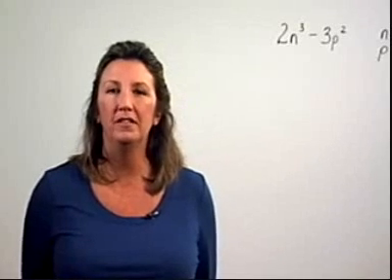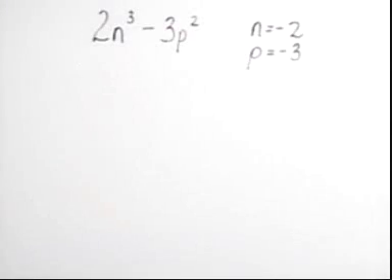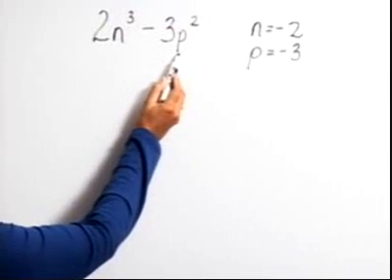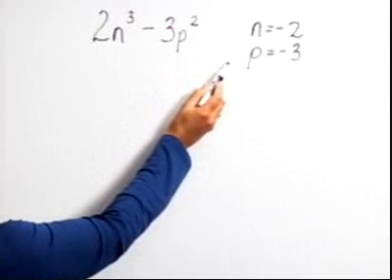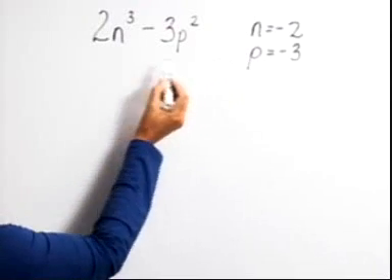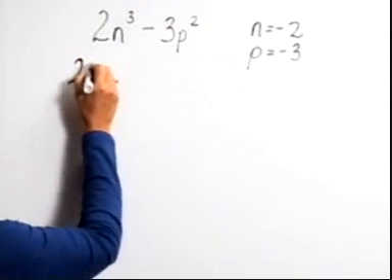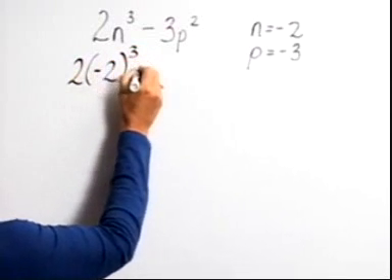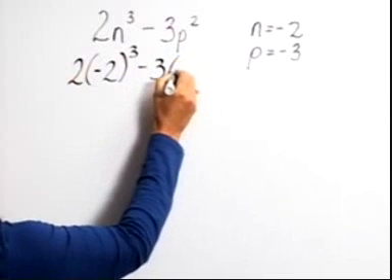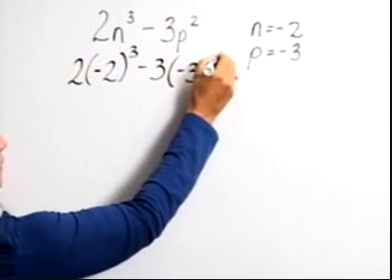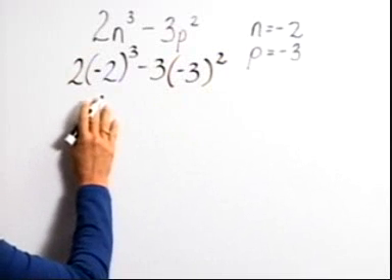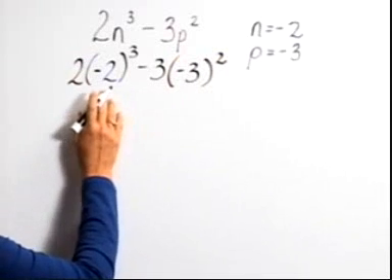We're going to evaluate the following expression: 2n to the third minus 3p squared when n is negative 2 and p is negative 3. We begin by substituting in for the values of the variables, and then use order of operations to solve. So we'll eliminate our exponents first.